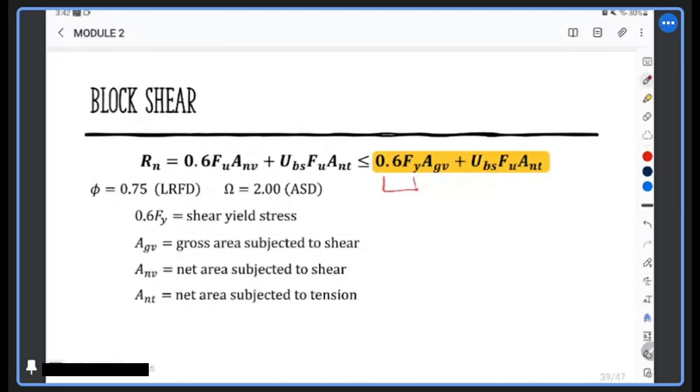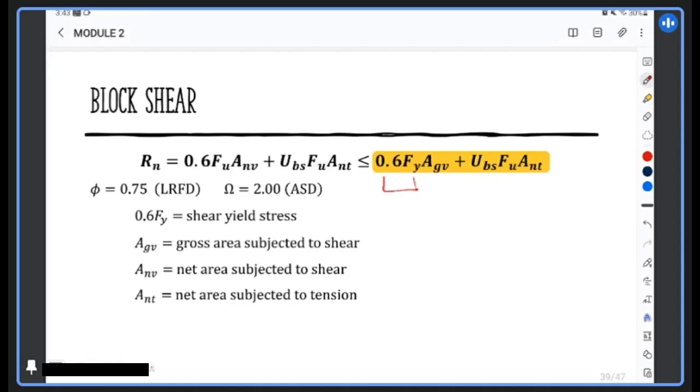Alright? So, Agv is our gross area subjected to shear. Gross area, shearing area, so hindi natin ibabawas yung mga butas ng bolts. Hindi natin sinasama. Anv is the net area subjected to shear.